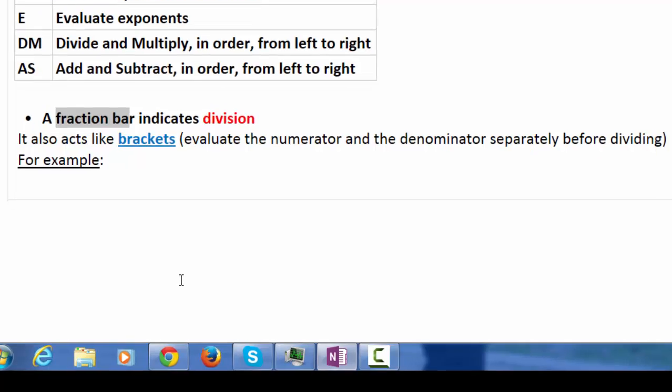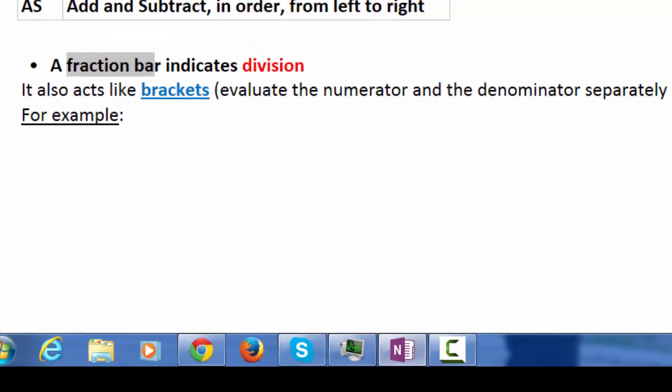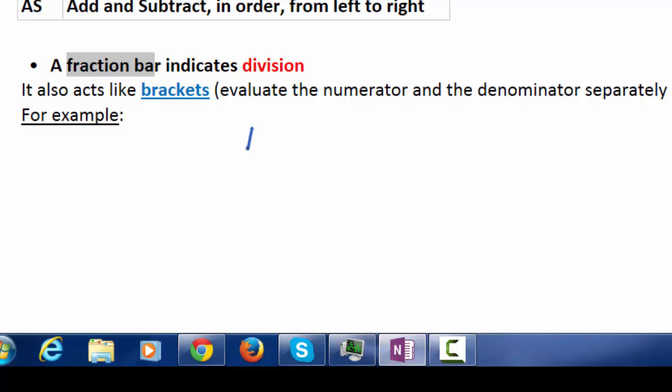So I'm going to give you an example. Let's say I have 12 plus 8, and as you can see, this is the fraction bar, or we call it the division bar, and then 2 minus 6.